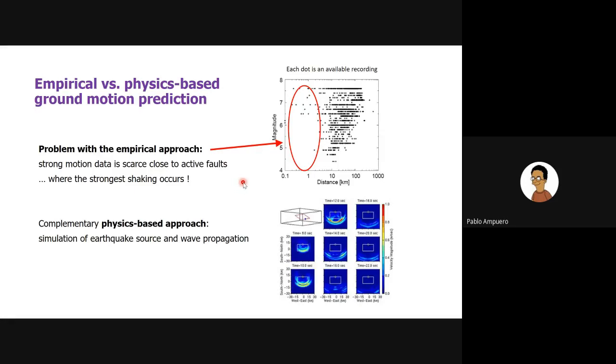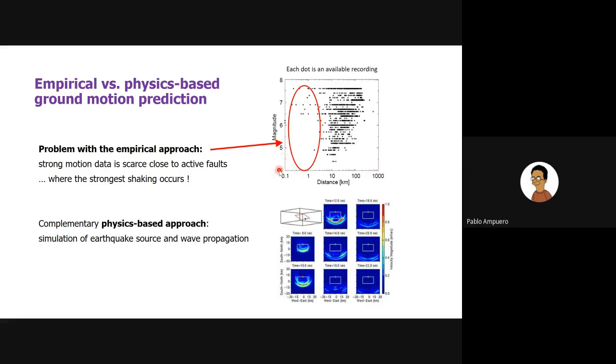For example, there's a scarcity of observations at close distances to sources. Each dot in this plot on the upper right is a recording available as a function of distance to the source and as a function of the magnitude of the earthquake.